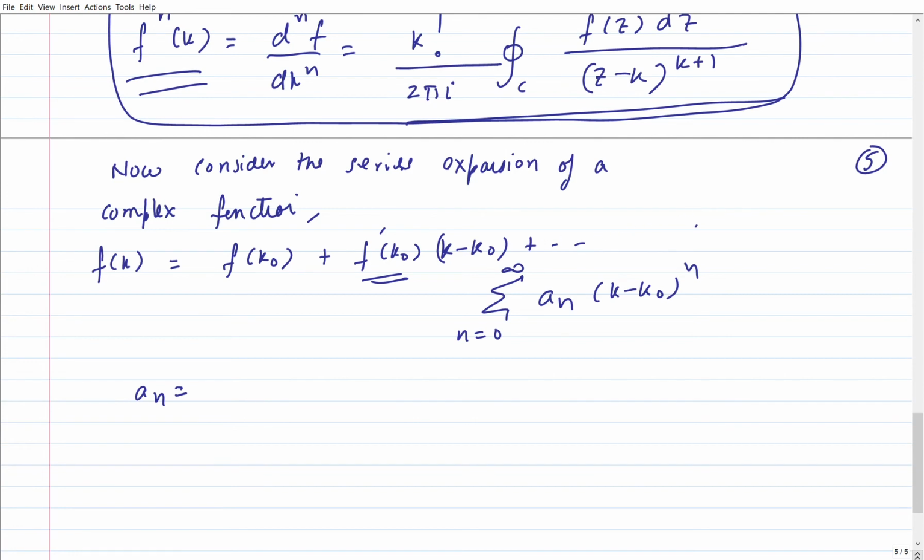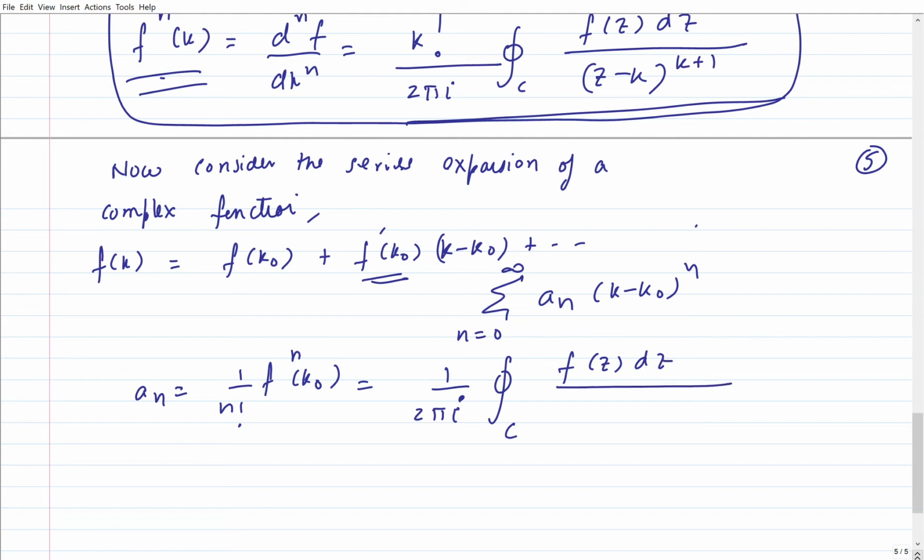So a_n is nothing but, in the Taylor expansion, the nth derivative at k0, which is nothing but, from my Cauchy's integral formula and the analysis which I did connecting the derivatives to the integral, just this.